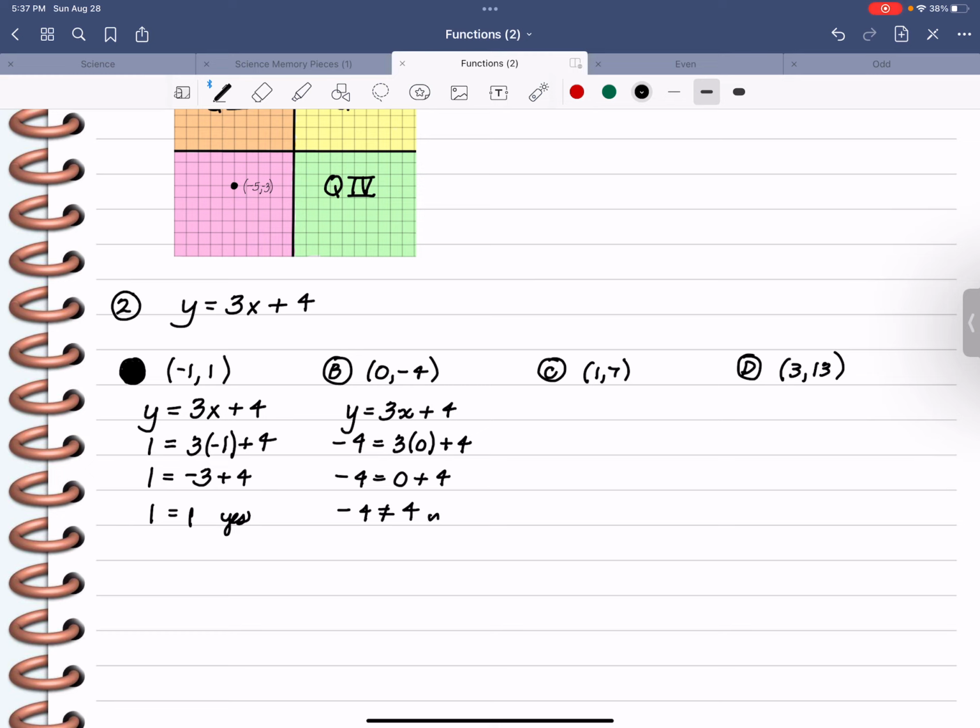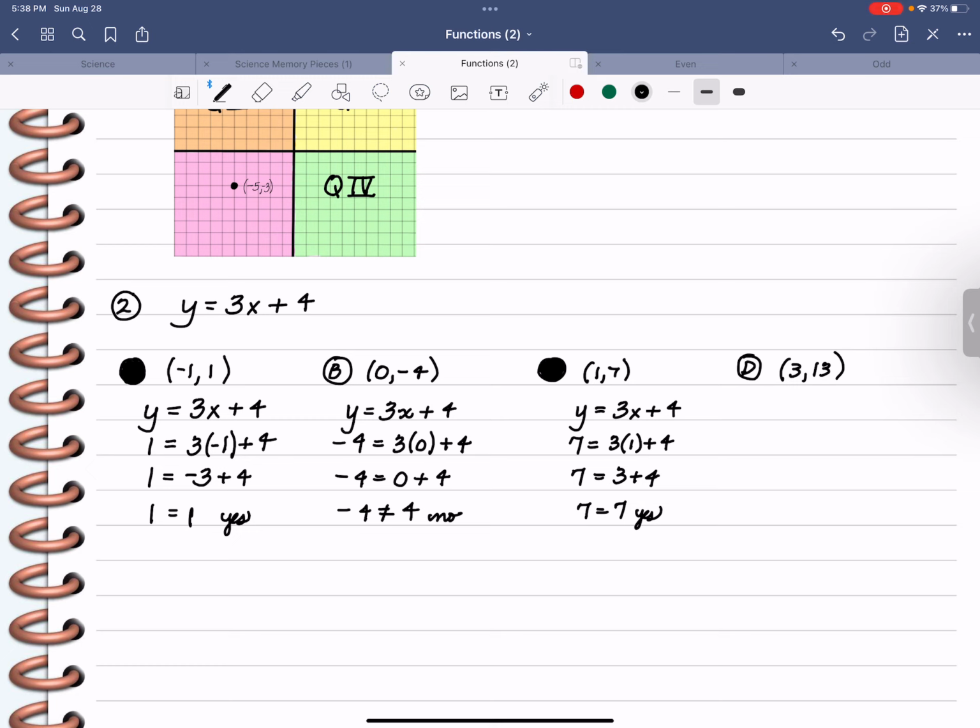So this one is a no. Okay, so we have y equals 3x plus 4, same equation. And this time we have 7 equals 3 times 1 plus 4. So 7 equals 3 plus 4. That one is true. This is a yes. So this point is on the line.